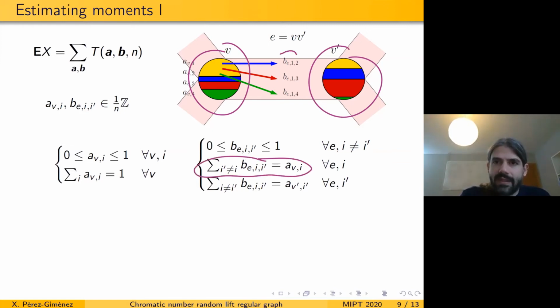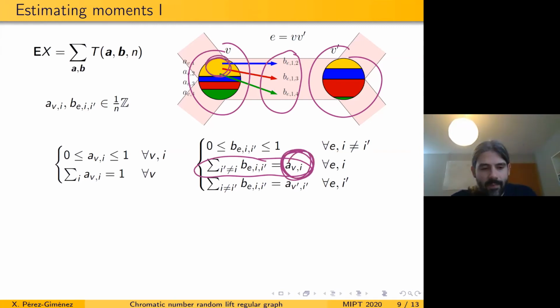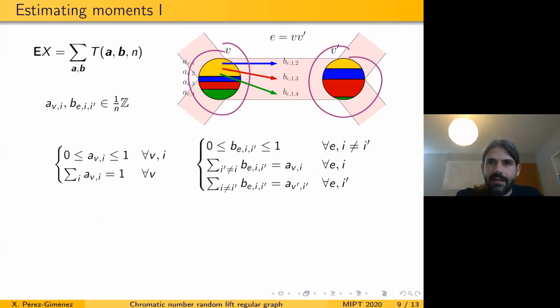All of these B's that count edges going from yellow to something add to the proportion of yellow vertices here. Certain sums of B's must be equal to certain A's in here, and certain sums of B's must be equal to some A's there.